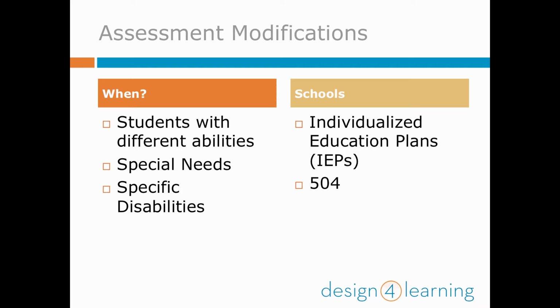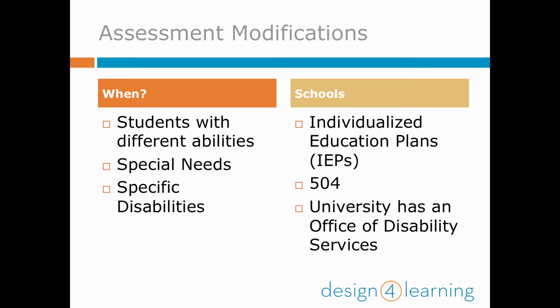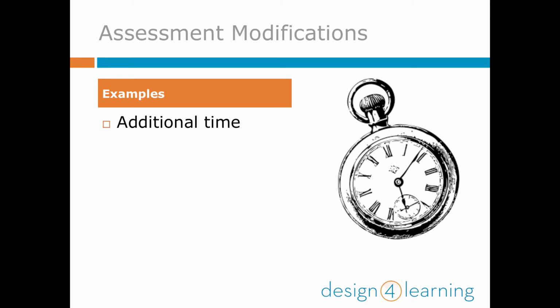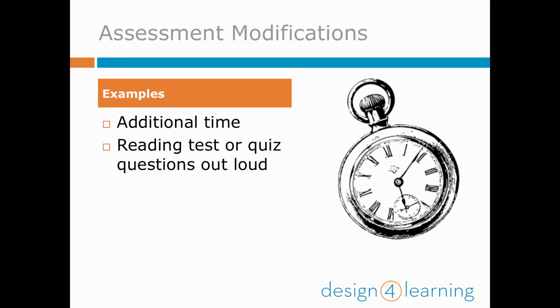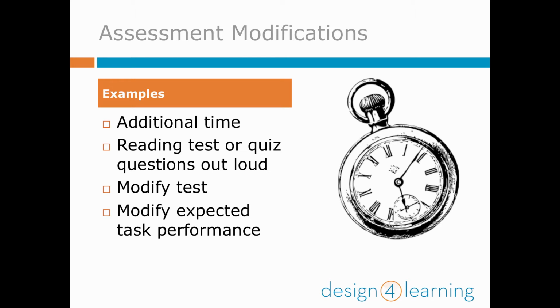Some may have a 504 plan that addresses modifications needed for a specific disability. Modifications could include giving more time to complete an online test or quiz, or reading questions out loud for a student with dyslexia. Or you may have to modify the construction of the test or the task to be performed in some way to make it possible for the student with special needs to have a successful experience. Both formative and summative assessments are ways to differentiate instruction.